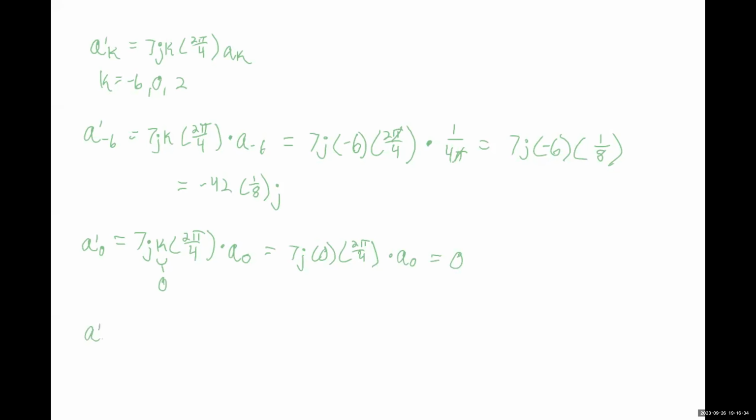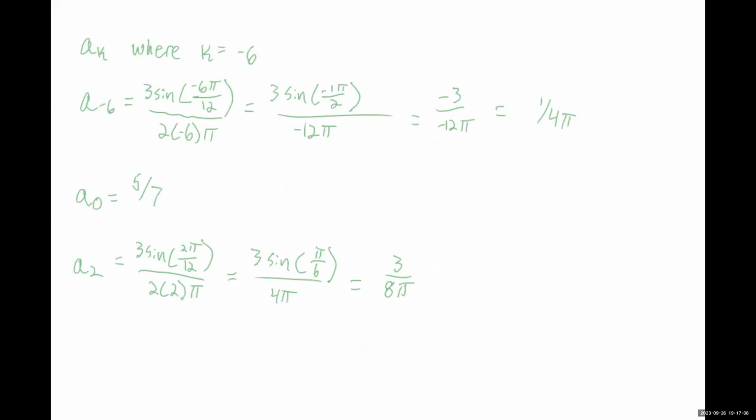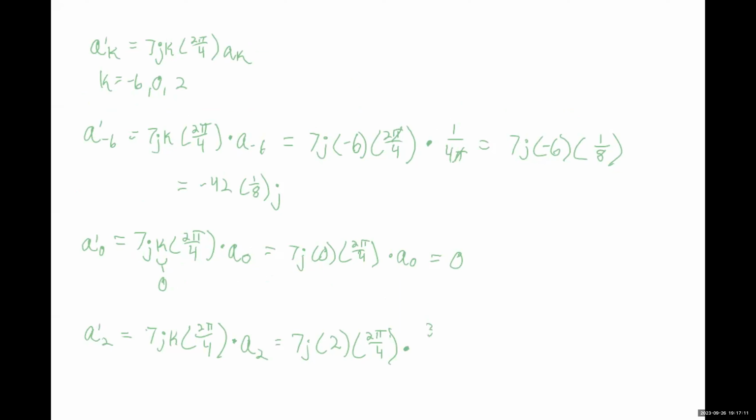Now we're going to get a prime of 2 is equal to 7j k times 2 pi over 4 times a of 2. So this gives us 7j times 2 times 2 pi over 4 times a of 2, which we've solved for already to be 3 over 8 pi. So we can plug that in here.